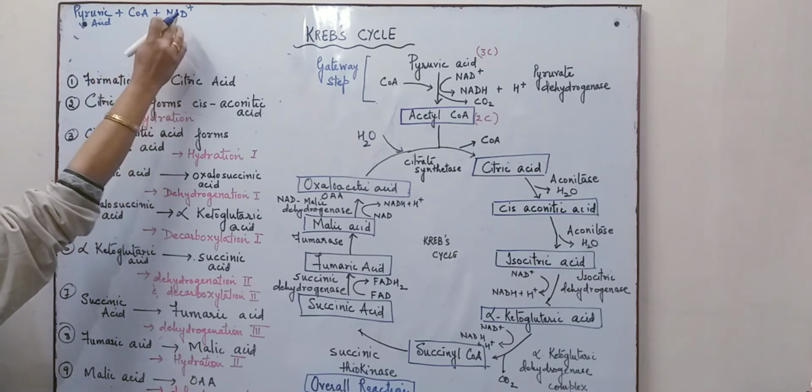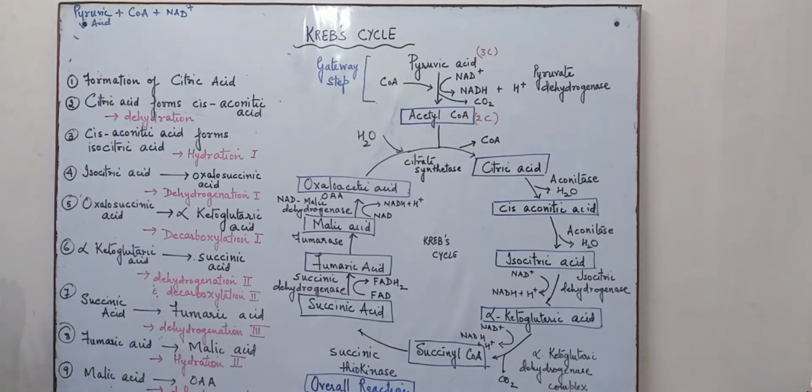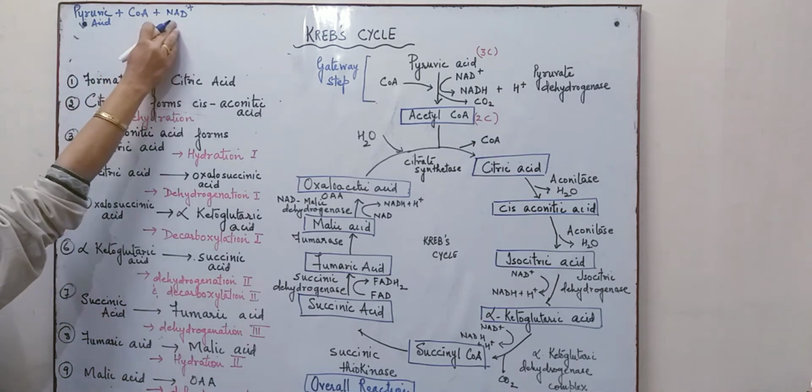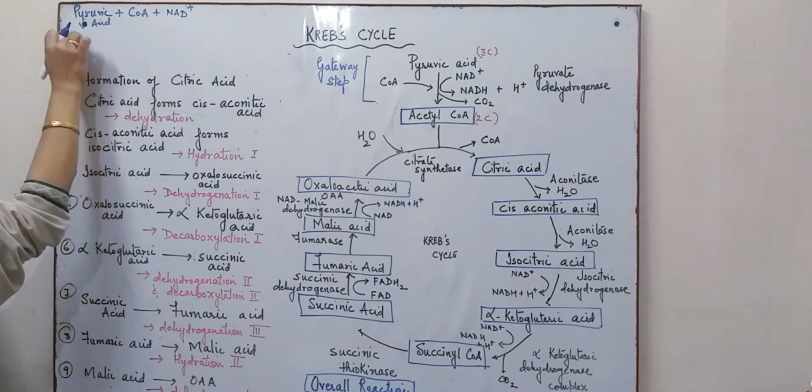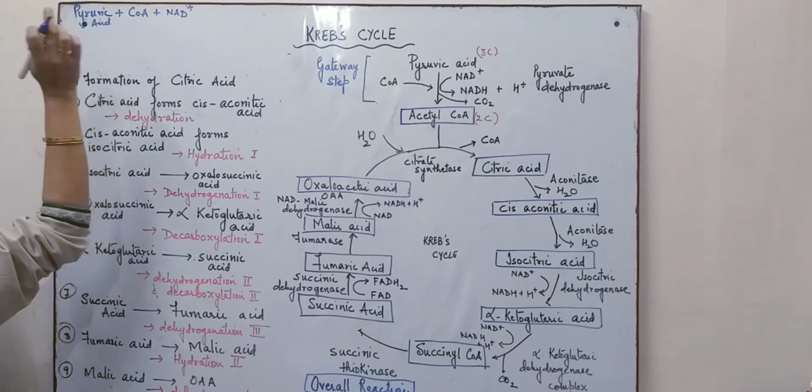The NAD ion helps in the removal of hydrogen and electrons from the pyruvic acid. So this helps in actually removing the 2 hydrogen atoms and also the 2 electrons from the pyruvic acid.